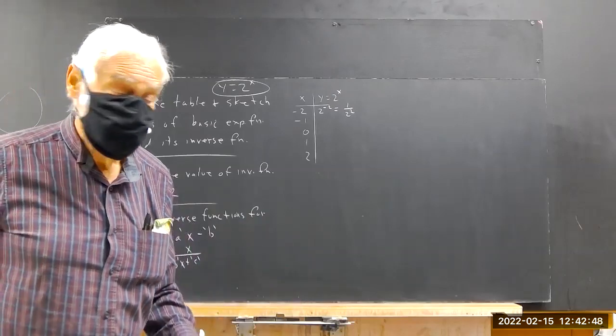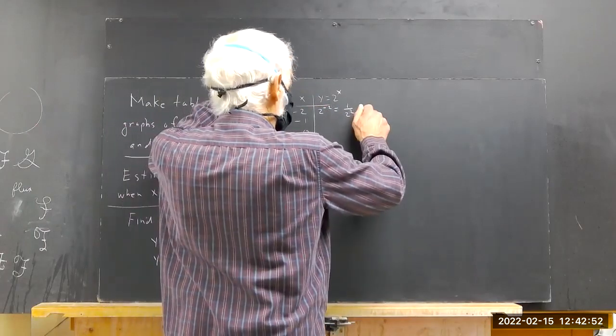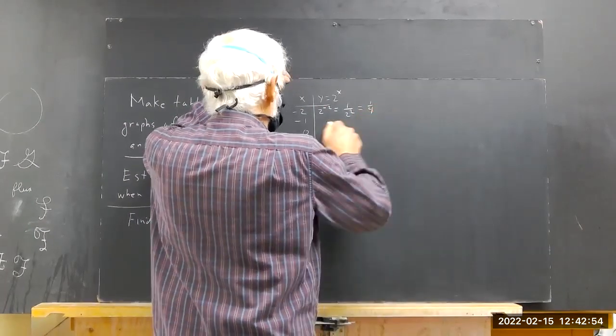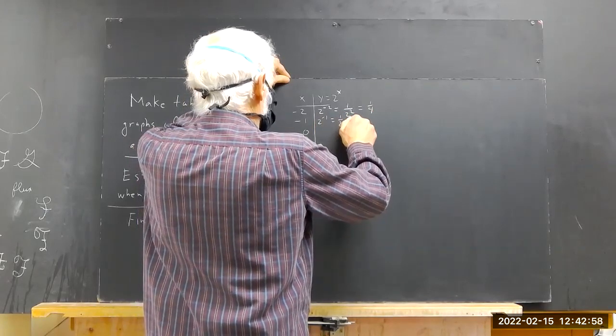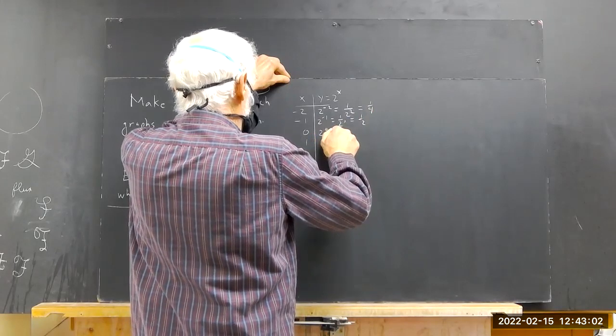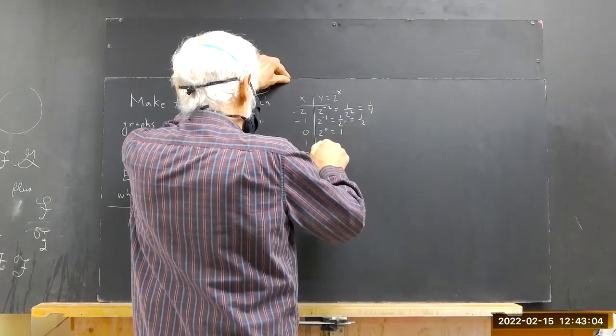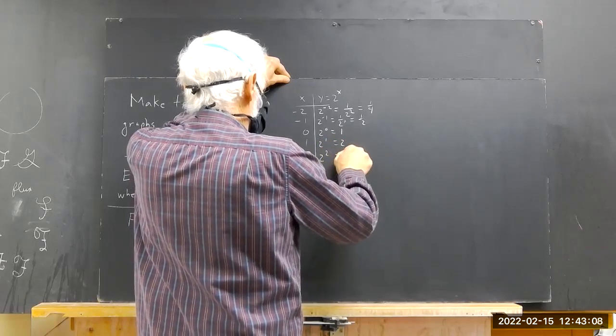Okay, so 2 to the negative 2 is 1 over 2 squared, which is 1/4. 2 to the negative 1 is 1 over 2 to the 1, which is 1/2. 2 to the 0 equals 1. 2 to the 1 equals 2, of course, and you know that, and 2 squared is 4.